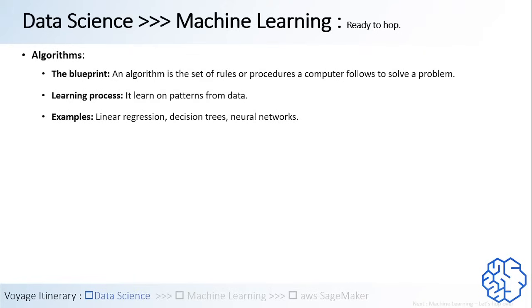I try to keep the examples simple, so don't be overwhelmed by the word neural network, right? Just think that there are different types of algorithms, different types of blueprints which our data scientist team has built for us to use. For us means for the machine learning people, the machine learning engineers, to make use of, right? So who created these algorithms?